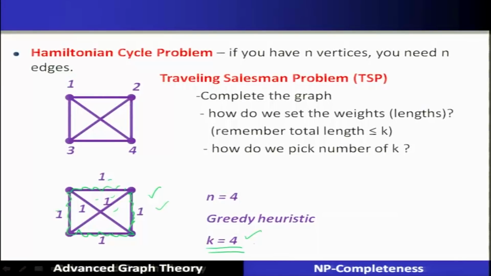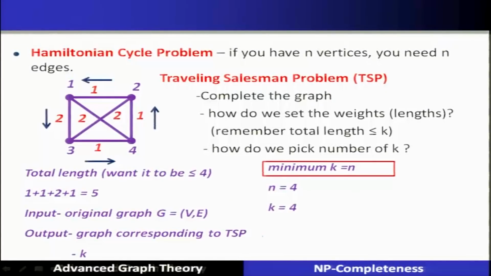So, we have to choose the number k such that we can find an existing cycle with the minimum cost. Now, if we change the weights of the edges and we mention that we want a cycle of length 4, what should be the minimum value of k in this particular graph? We have to ascertain that value of k.